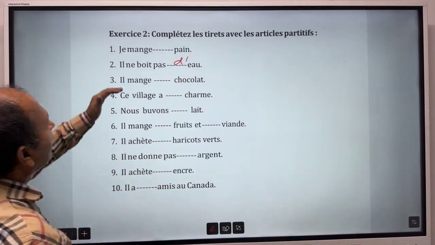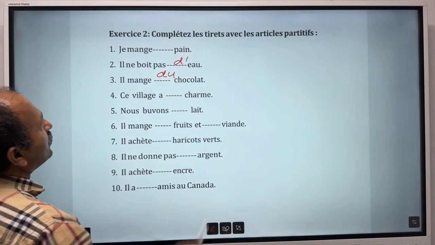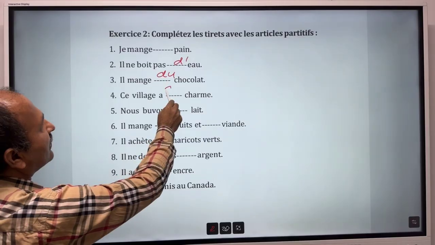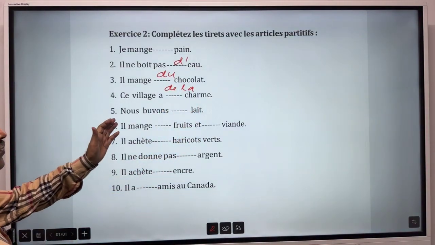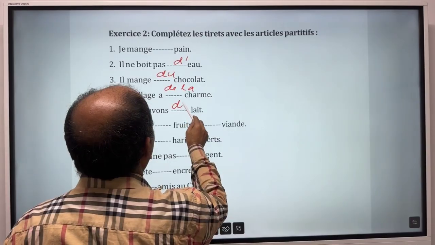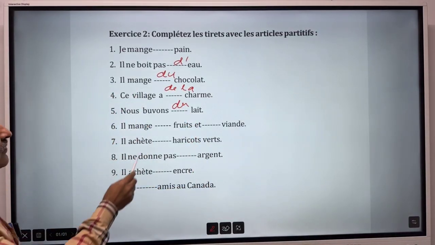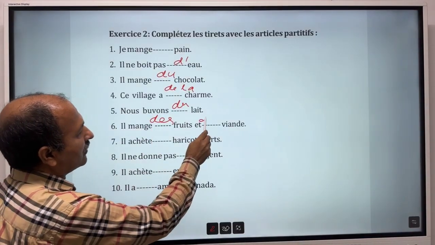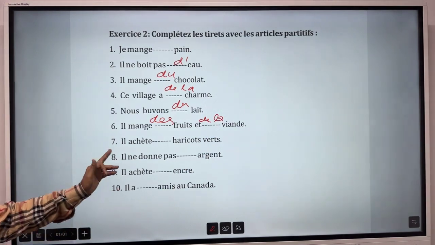Il mange du chocolat. Ce village a de la charme. Nous buvons du lait. Il mange des fruits et de la viande.